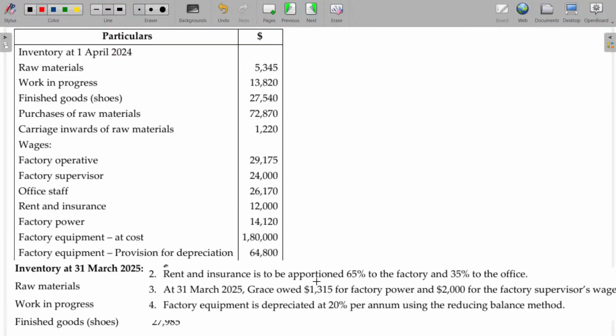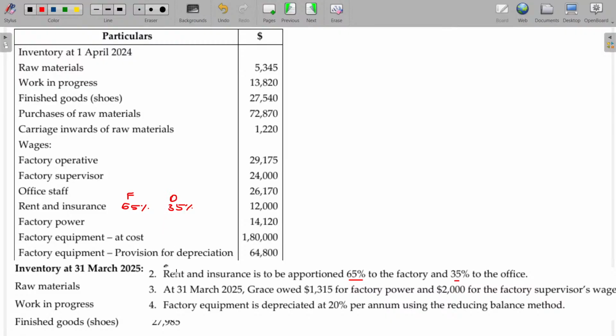Rent and insurance is to be apportioned: 65% factory, 35% office. 65% factory will be production overhead or factory overhead. 35% will go to the P&L section, the profit and loss section. Okay, this is admin related.